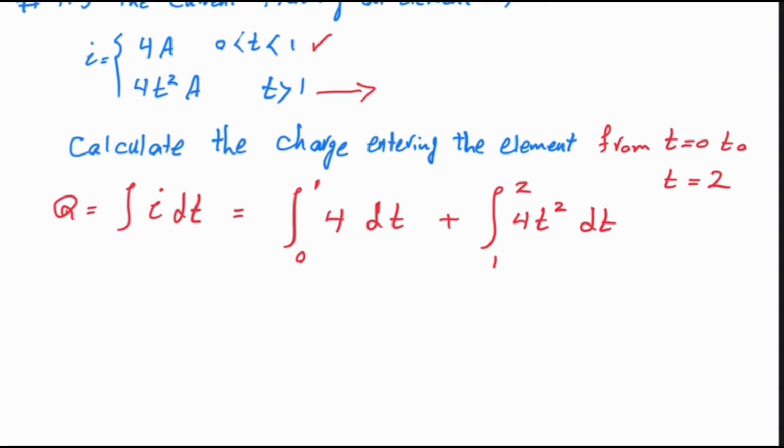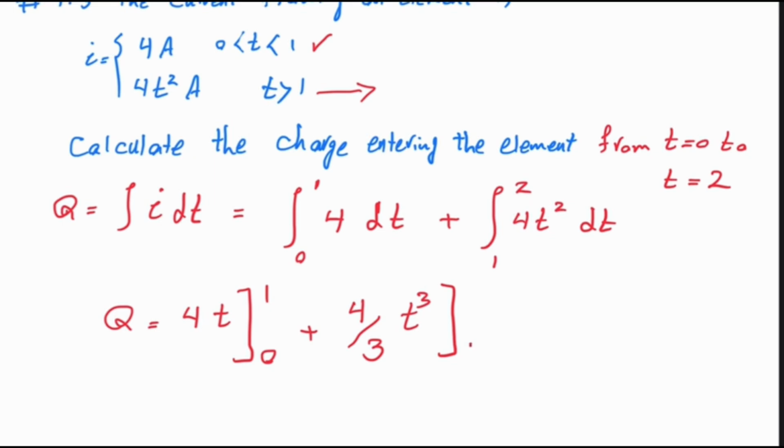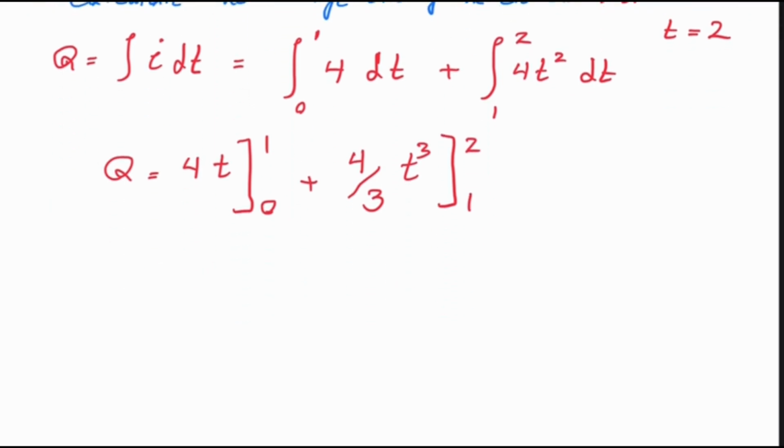Therefore, what is q? q is going to be the integration of 4 dt, which is 4t, going from 0 to 1, plus 4 over 3 t cubed as t changes from 1 to 2. So the first one is giving me 4, and the second one is 4 over 3.